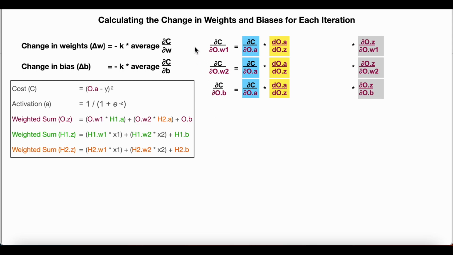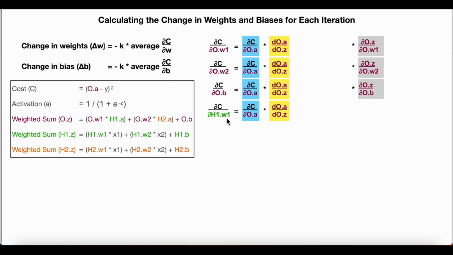So now that we have calculated the partial derivative of cost with respect to the output weights and bias, let's do it for the hidden layer. If we take a look at the cost with respect to H1 weight 1, we can start with the same approach that we used earlier. But once we get to output.z, we still don't have the H1 weight 1 that we're looking for.